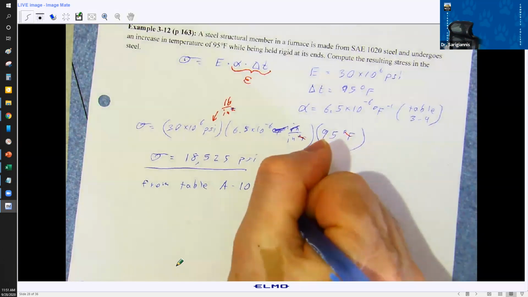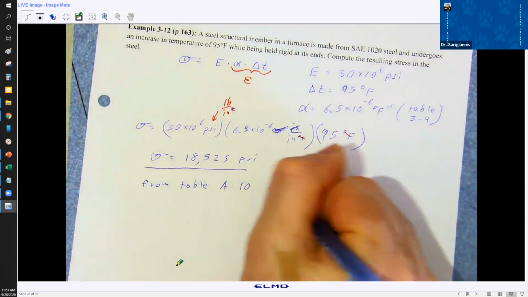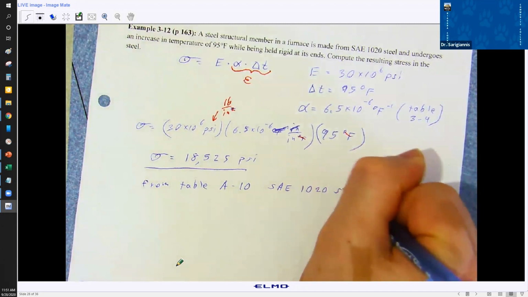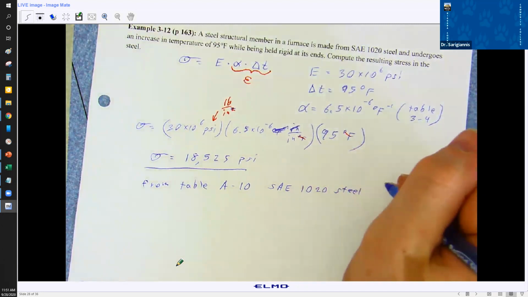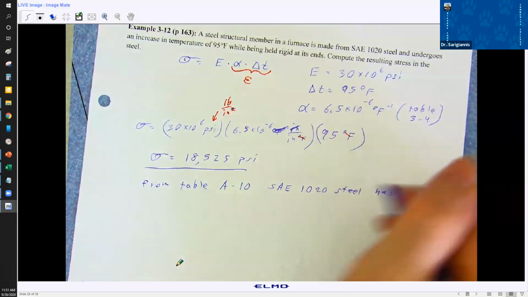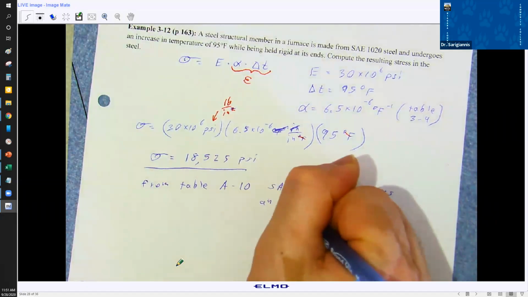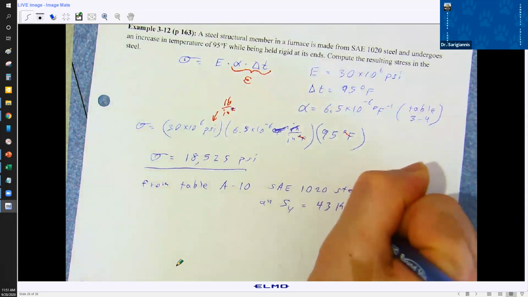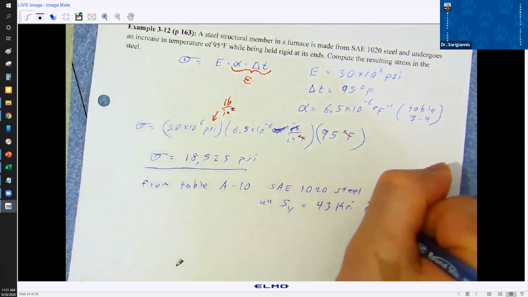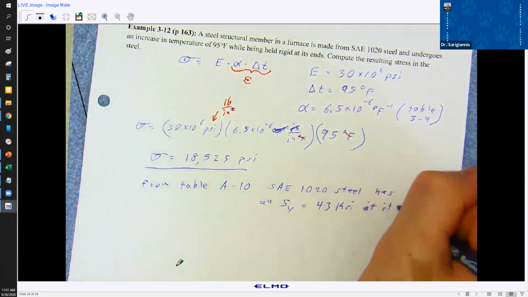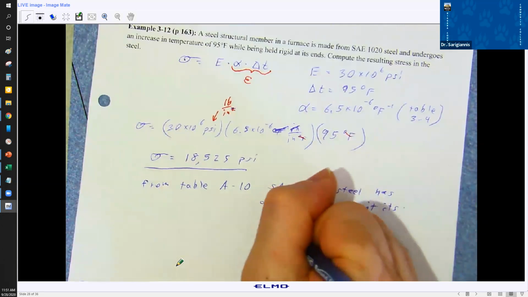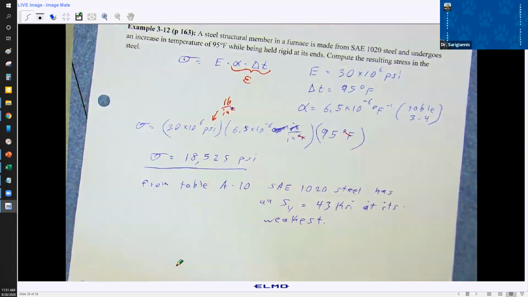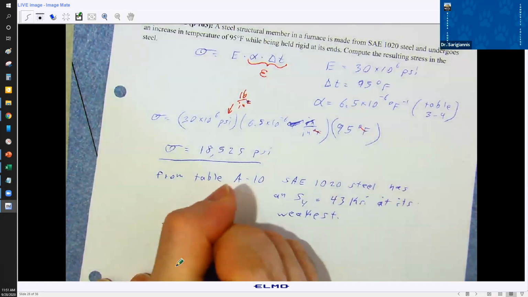From table A-10, SAE 1020 steel has an Sy equal to 43 ksi at its weakest. So this should be safe from yielding.